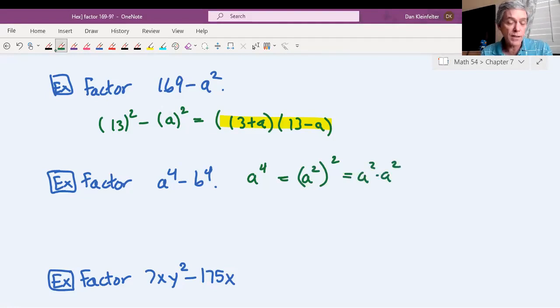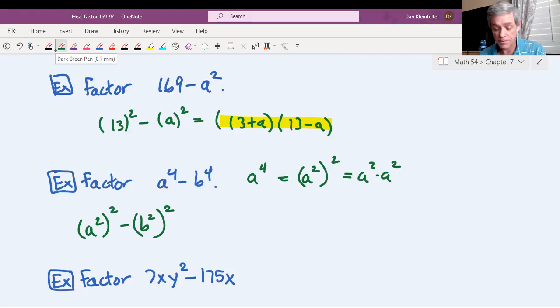So we're going to look at this as a difference of two squares. So this is (a squared) squared minus (b squared) squared. Okay, you want to be able to follow the pattern. So (a squared) squared, that's our a to the fourth power. (b squared) squared, that's our b to the fourth power.